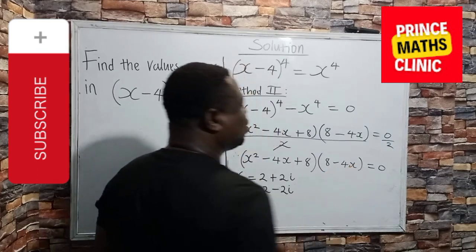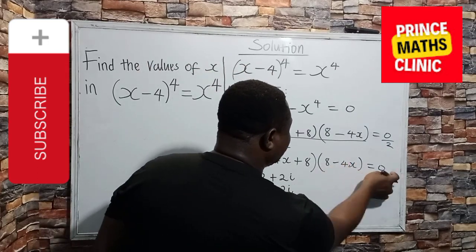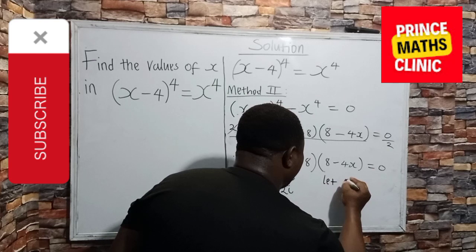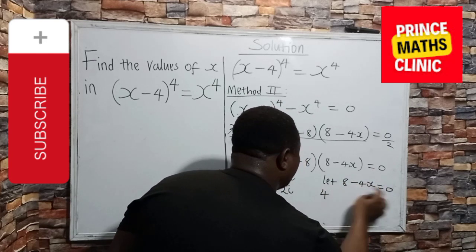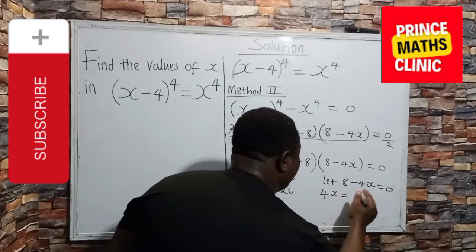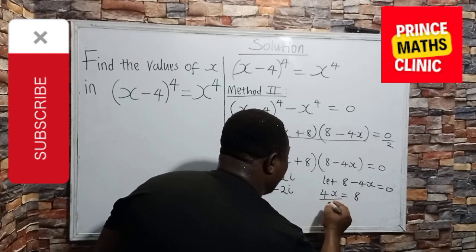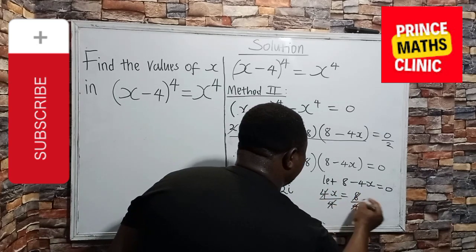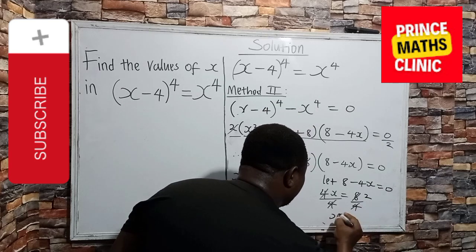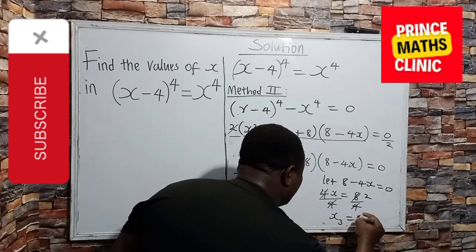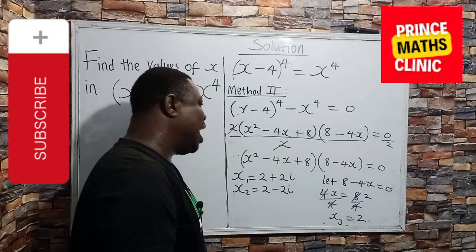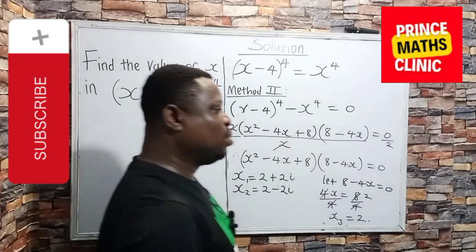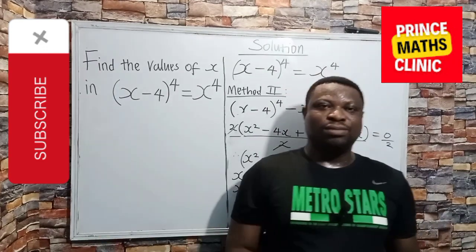Then from here, let 8 minus 4x equal to 0. That means if you move this here, 4x will be positive, equal to 8. If you divide both by 4, 4 will cancel 4, and 4 can go into 8 2 times. So here our x3 will be equal to 2. So these are the solutions to this question.